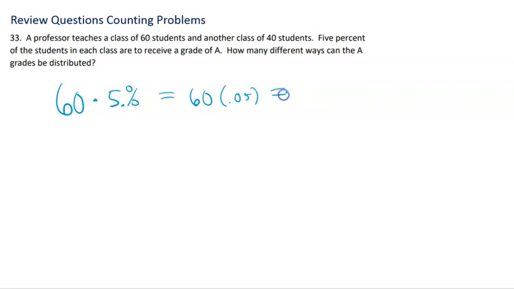Now, 60 times 0.05 gives me 3 students in the 60 class. I also have to calculate 40 times 5%, which is the same as 40 times 0.05, and that gives me 2 students in that class that are going to receive A's.